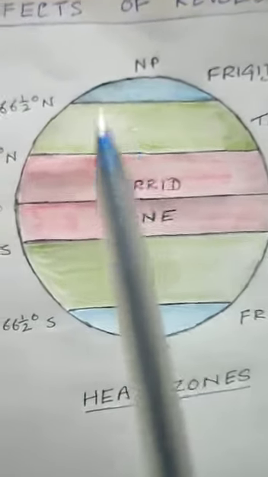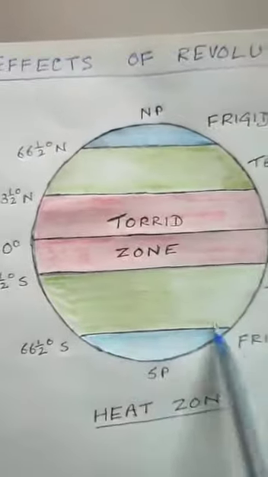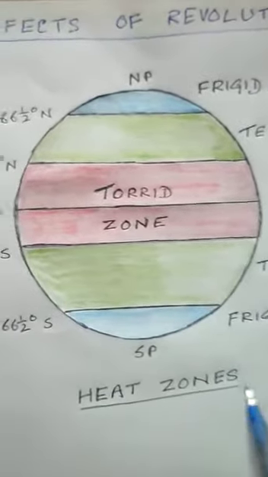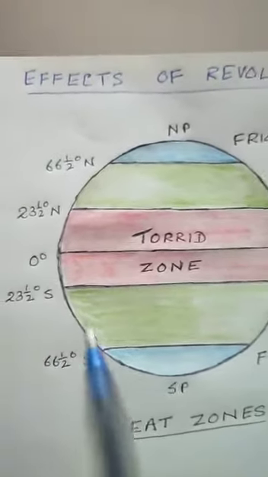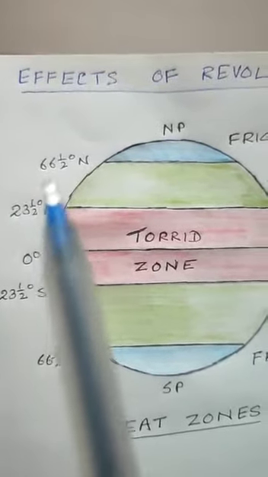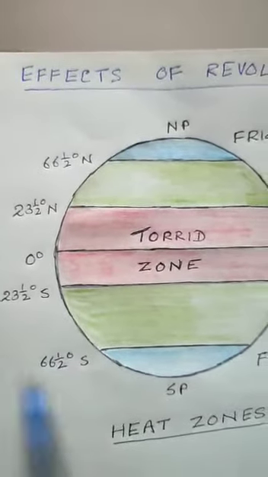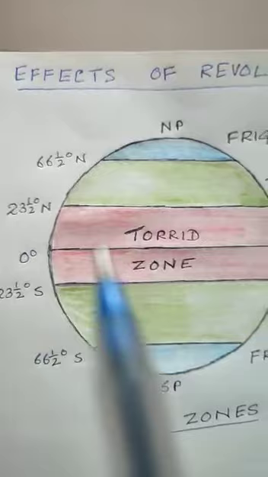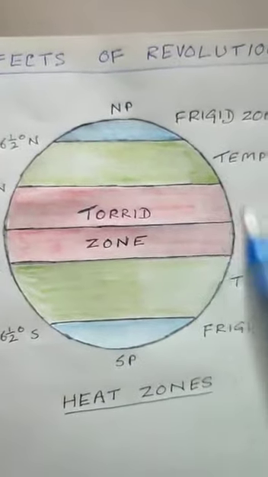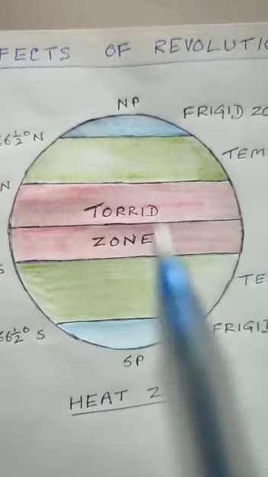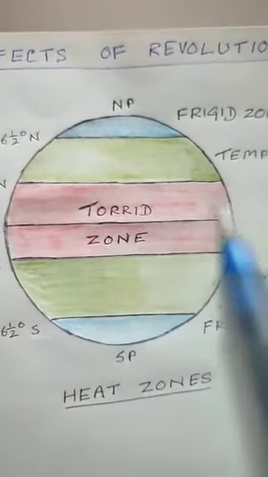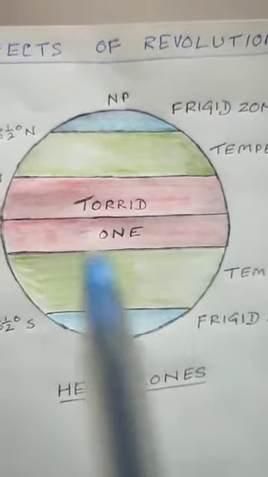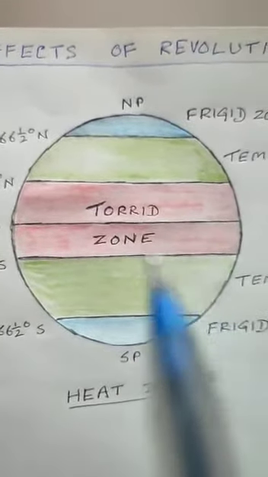Due to revolution and the spherical shape of the Earth, heat zones are formed. See, from 23.5 degrees north to 23.5 degrees south, this area receives vertical rays of the sun throughout the year. So this area is very hot and it is the torrid zone.